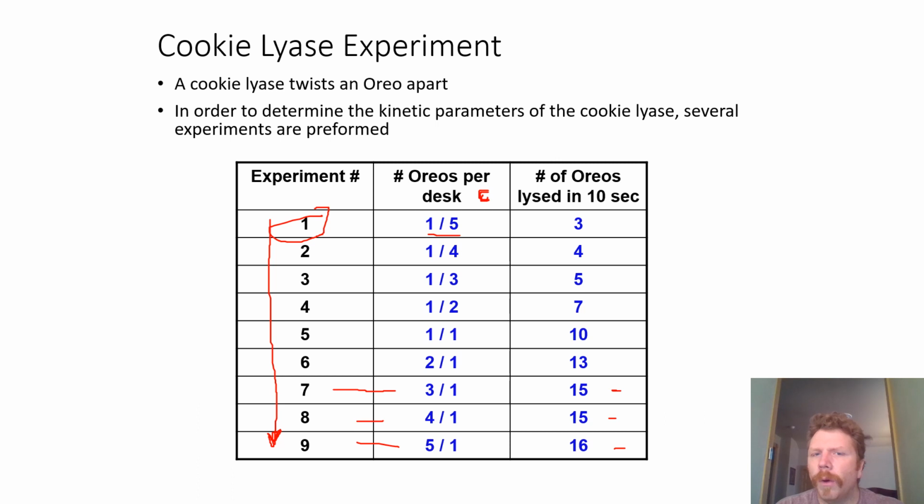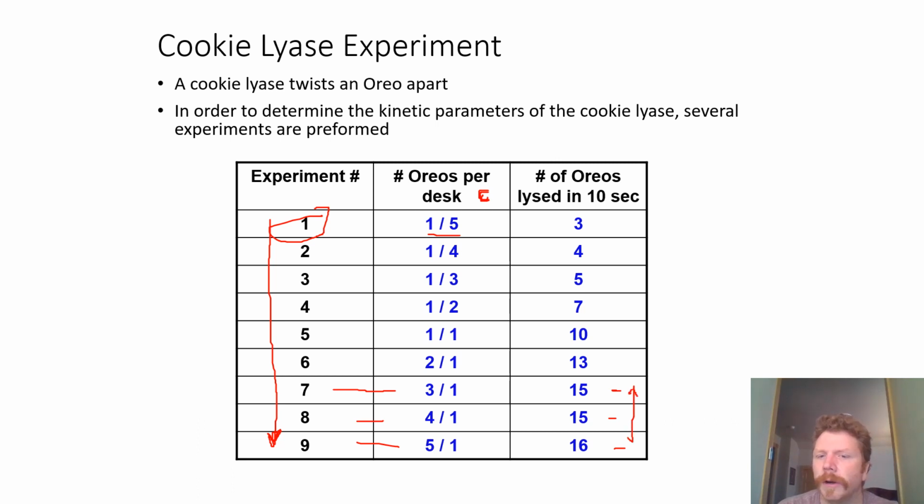What we're not changing in this is the amount of our enzyme. Our enzyme is fixed, and as we increase our concentration, all that we're changing is the availability of that substrate, or the ability of that enzyme to get that substrate. At some point, your product production is going to basically taper off.